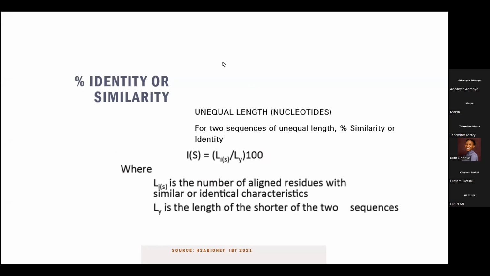Okay, I think I see a question. What is the essence of sequence alignment? Sequence alignment shows the similarity between sequences. I don't know if you were here earlier, where I showed the importance of sequence alignment.